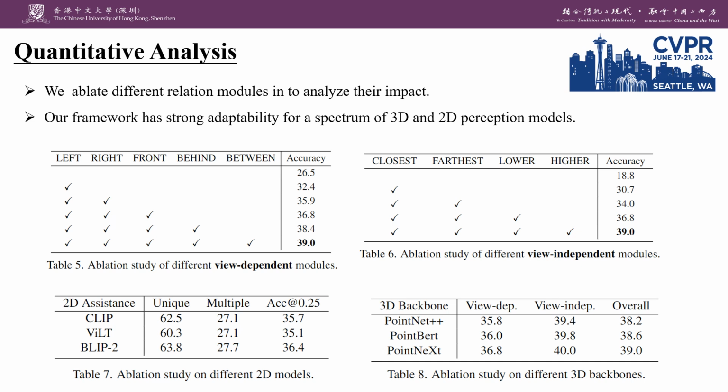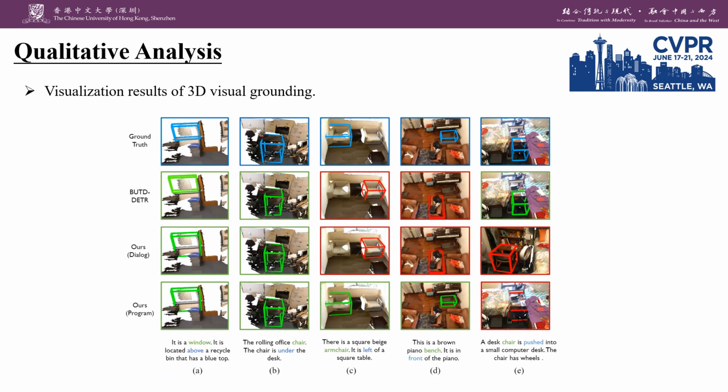Moreover, the compatibility of our methods with various 2D and 3D perception models underscores its robustness and adaptability. Last, we give some visualization results of different methods on 3D visual grounding. And it is clear that our visual programming approach can accurately localize objects based on text descriptions.